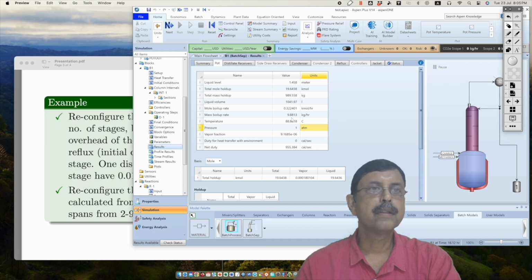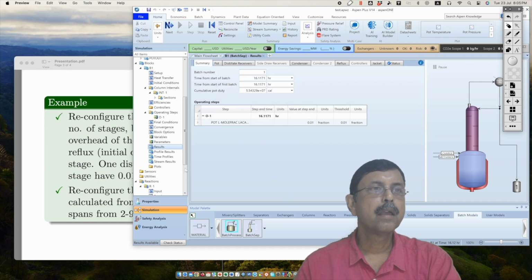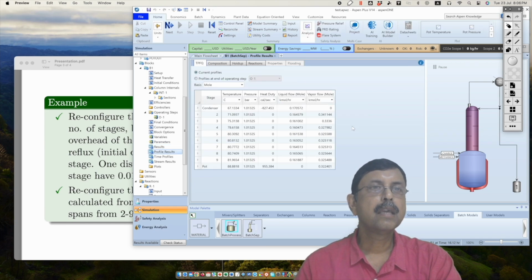The heat duty also doesn't change, and the mole holdup has reduced a bit. We have not remembered the distillate receivers. Probably we have to run the other system once again to compare them. But let us see the profile results. Here also it is almost the same because the pressure is the same throughout.